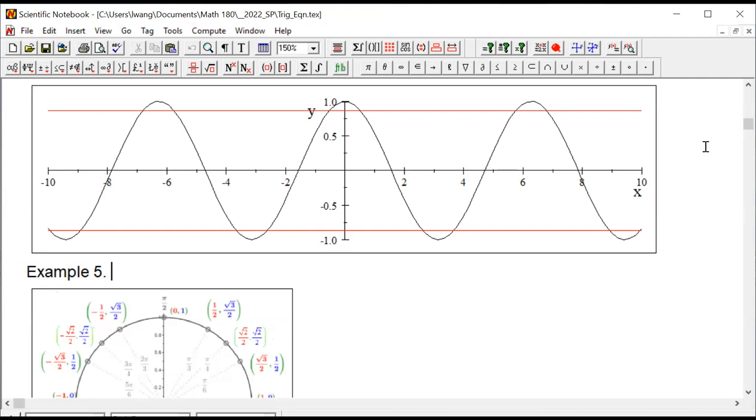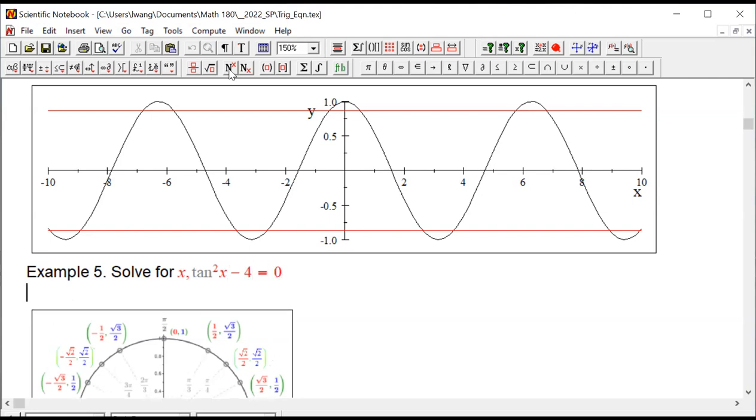I think we should do a tangent. So we've got to solve for x. We've done sine, cosine. Let's look at a tangent. We get tangent squared x minus 4 equals 0.